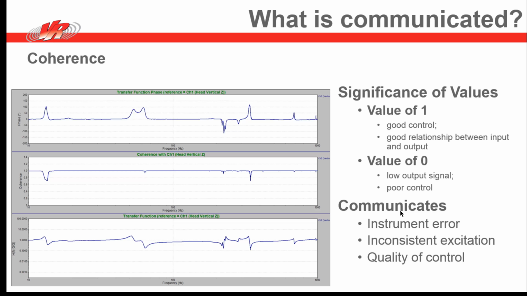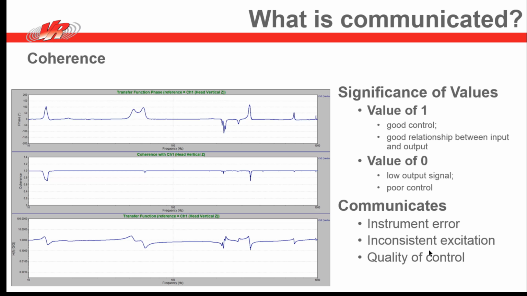The coherence plots can be very helpful to help identify, is there an error in your instrumentation, a loose cable, or some other problem with the instruments so that you are not getting good coherence? Or is it possible that there is an inconsistent excitation? Is there some problem with the shaker that it's not vibrating the system as it's supposed to in a consistent way, and you will not get a good coherence value?